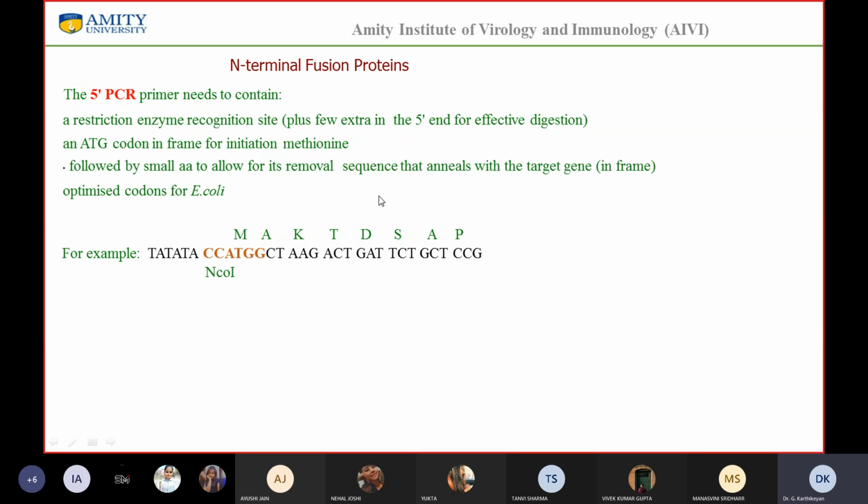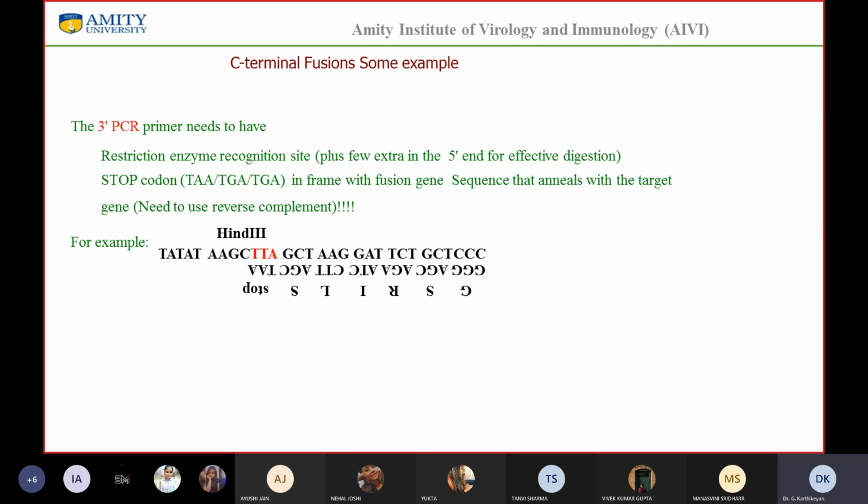So that when you do a restriction digestion with NcoI, this can come and ligate here, and then this reading frame will be maintained. Okay, so this is for N-terminal fusion. Just around this, you can have a series of histidine residues. Okay, 6 histidine residues, and you can very easily purify the protein. Maybe in our next class we'll look at that.